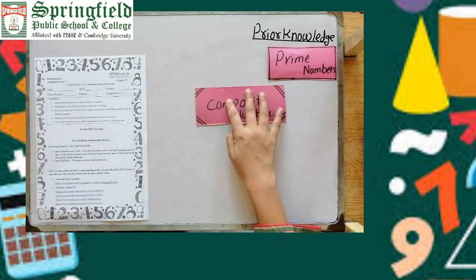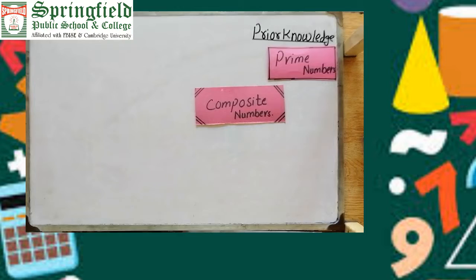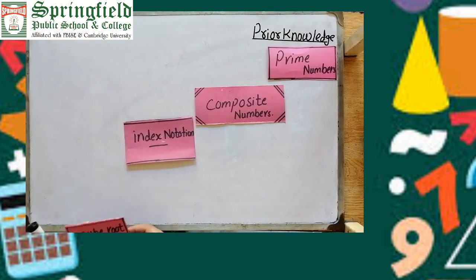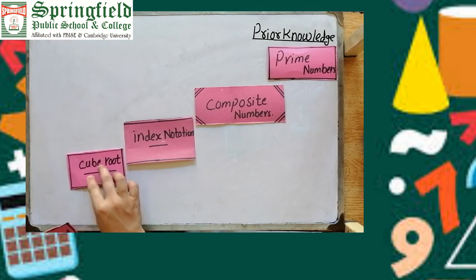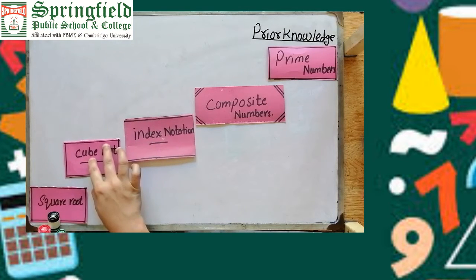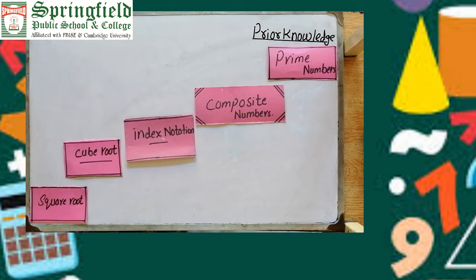Prime number, composite number, and we already discussed the index notation, cube root and square root. First we will revise all the points in prior knowledge and then we will start the new topic.